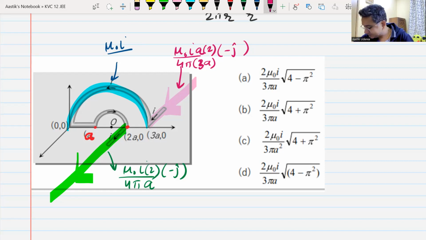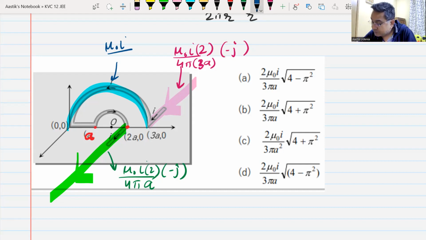Now correct? I have written A on the numerator. Sorry, I am making a mistake. Now correct?